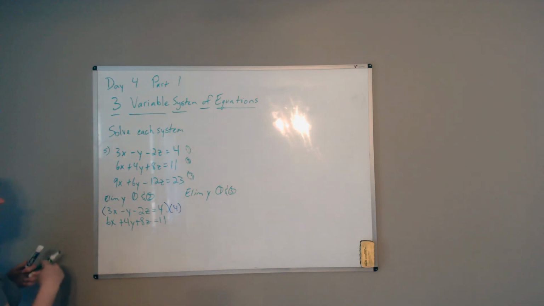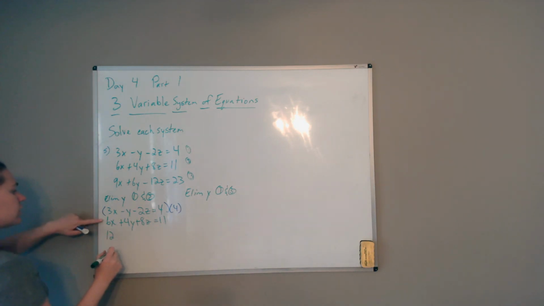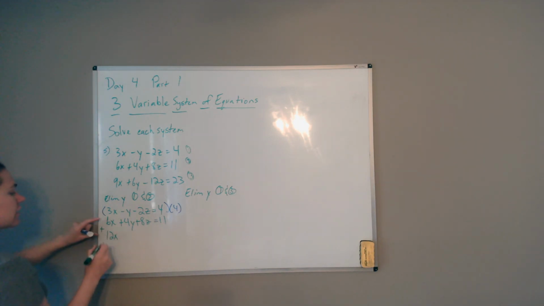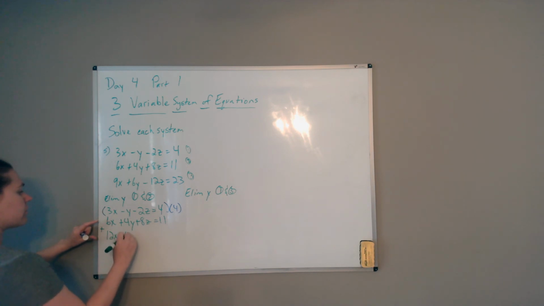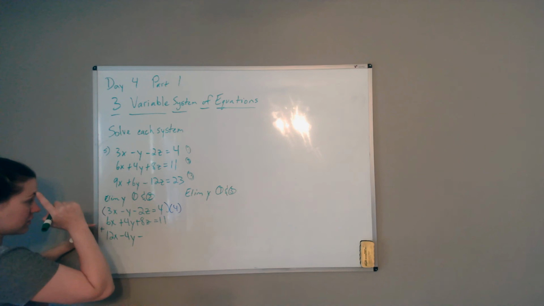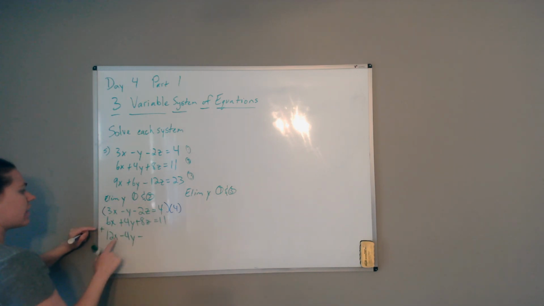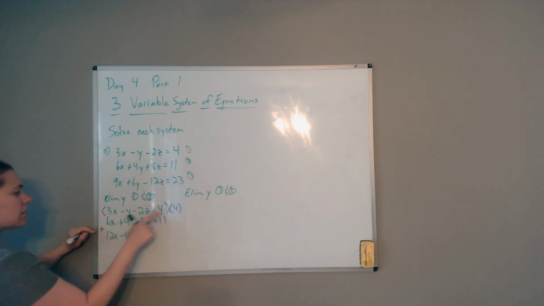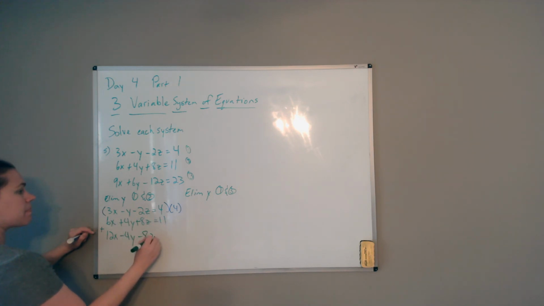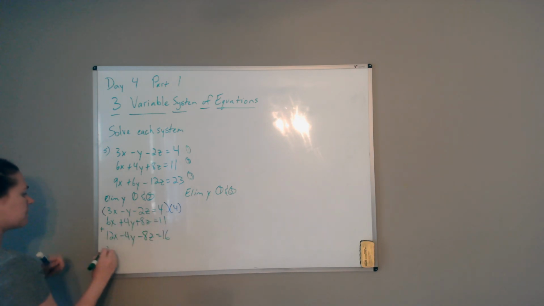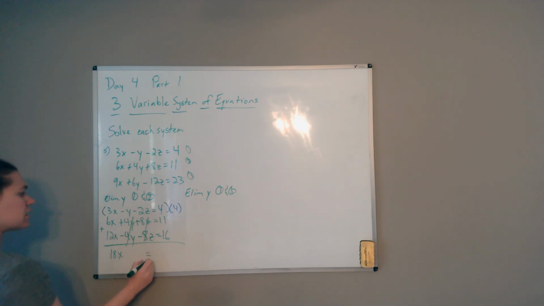So I'll write that right below this equation here, that way everything is next to each other, and I won't have to rewrite this equation. I get 12x, negative 4y, negative 8z equals 16. Add those together, and I get 18x, these cancel, equals 27.